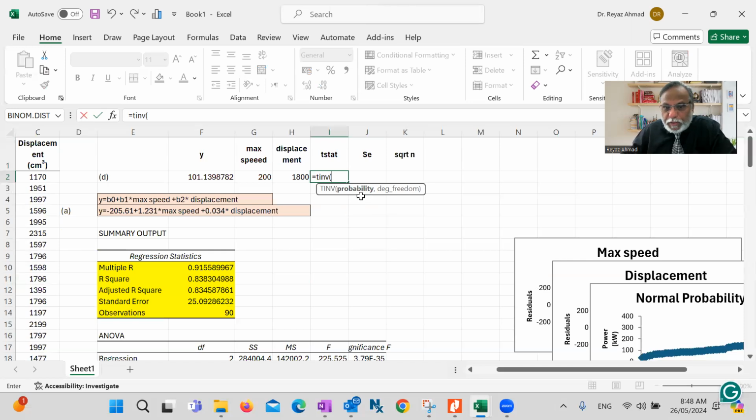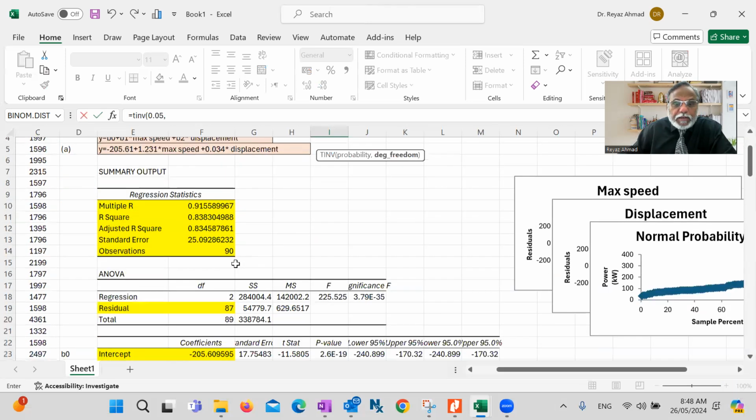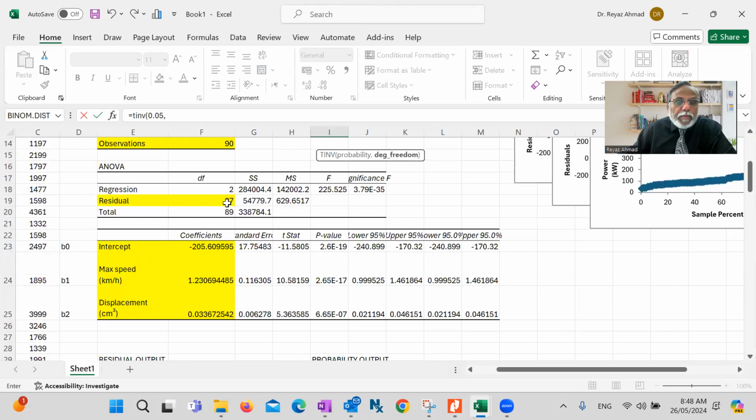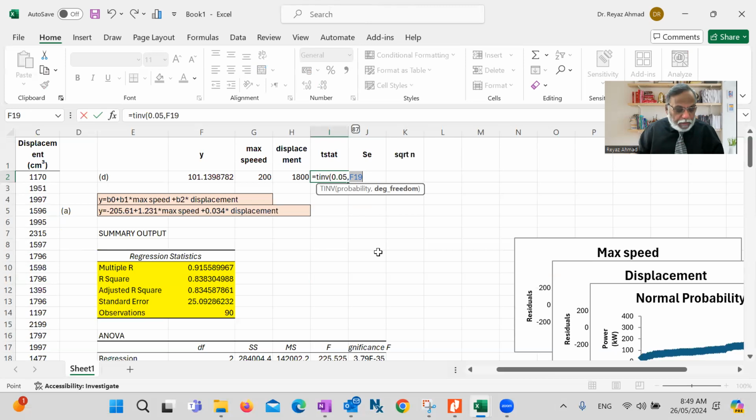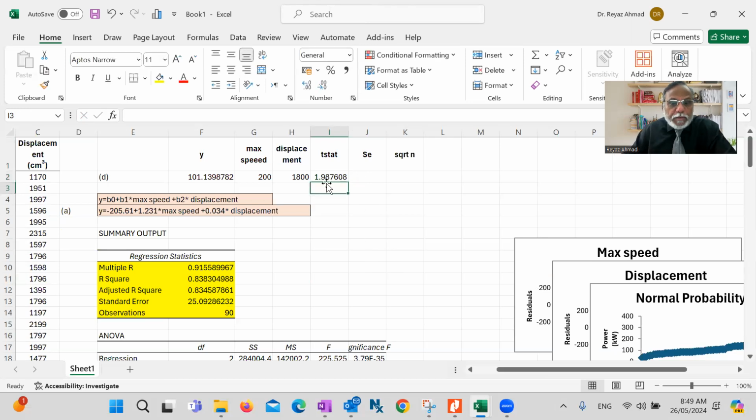It is asking for the probability because our given confidence is 95%, so the probability over here is 0.05, and comma, degree of freedom, which I have already highlighted here. Degree of freedom for residual is 87. So I check this and I close the bracket and I got my T-stat.